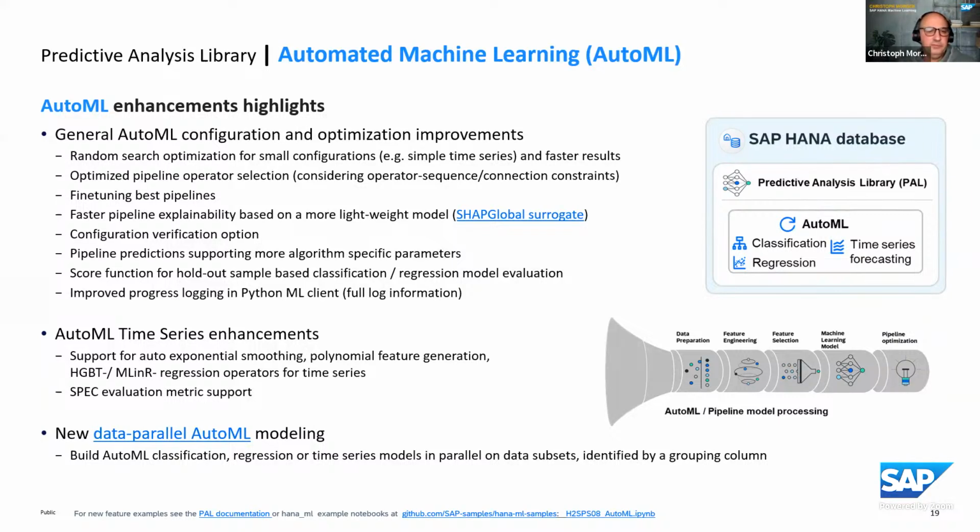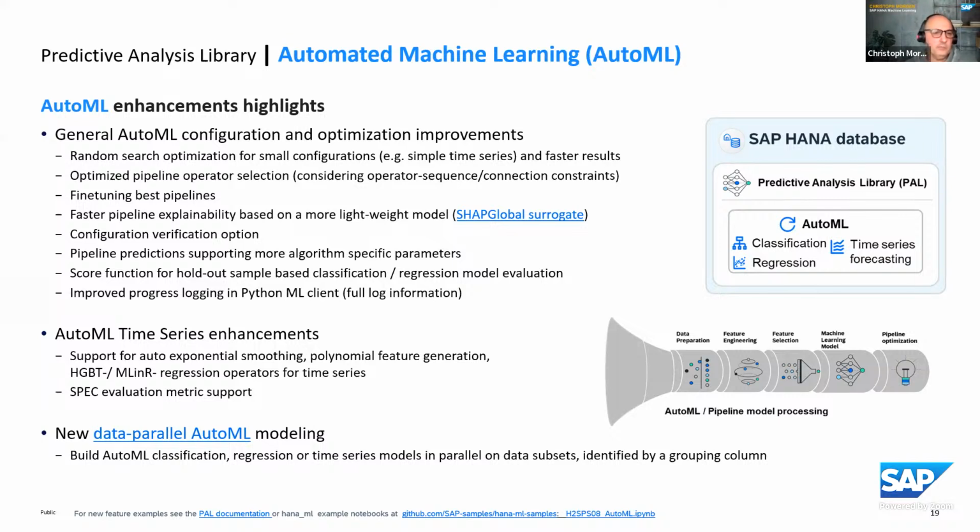For time series specifically, we've introduced regression operators for the hybrid gradient boosting tree regressor and linear regression. So that basically adds to the time series operators. And just recently also introduced in HANA Cloud, we've introduced now also the data parallel AutoML.